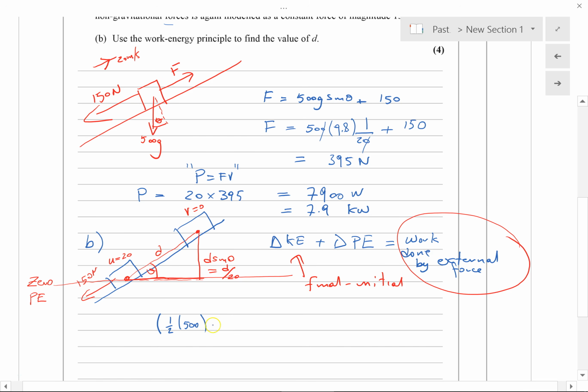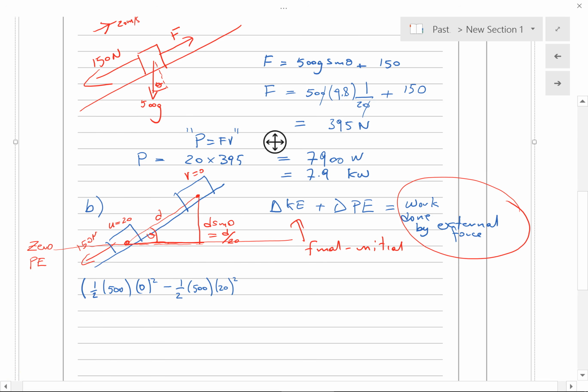It's half times 500 times by 0 squared, take away a half times 500 times by 20 squared. So that's the change in kinetic energy.